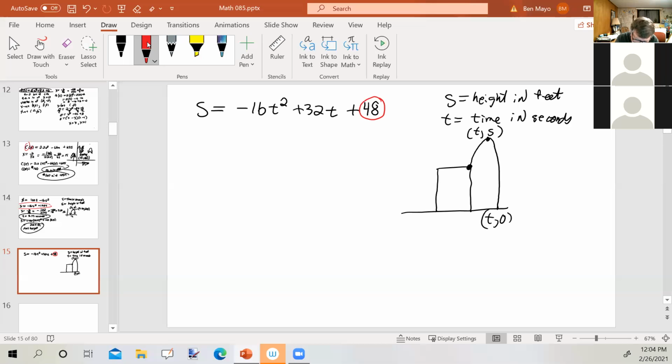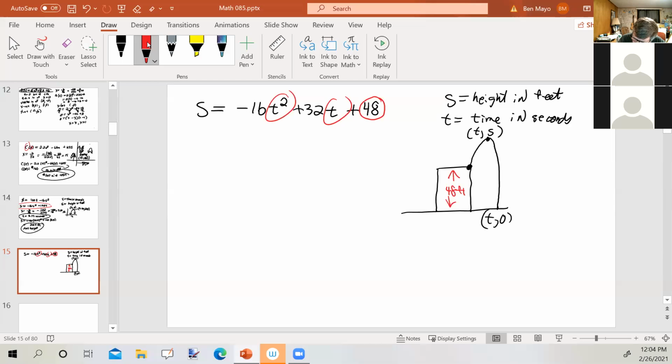If time is 0, what's the height? 48 feet. So this distance right here is 48 feet. Is that making sense? Yeah. Okay. Now, that wasn't a question asked. That was me asking because I just want to point things out to you.